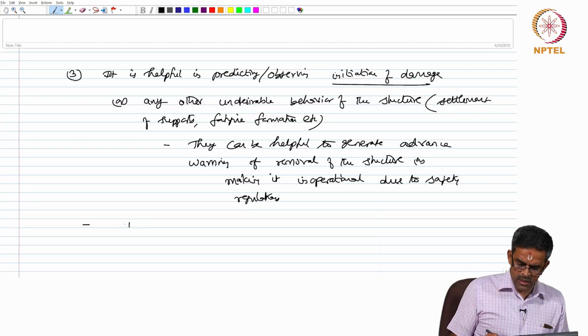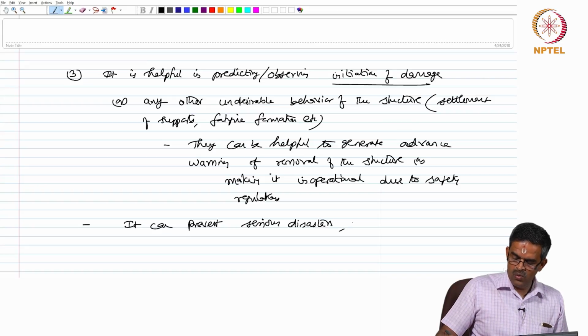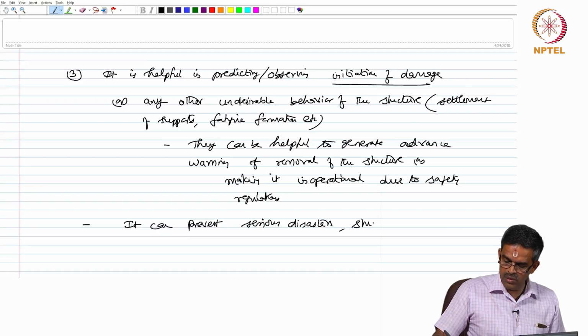So, essentially it can prevent serious disasters which are actually structural damages.